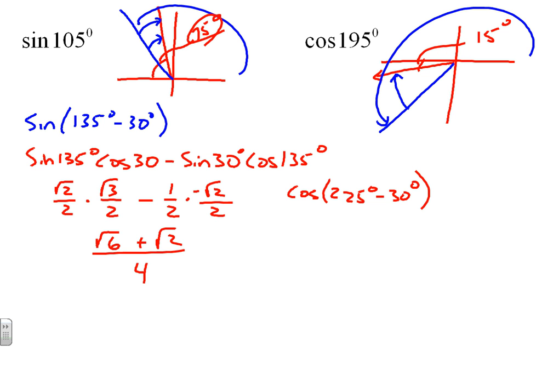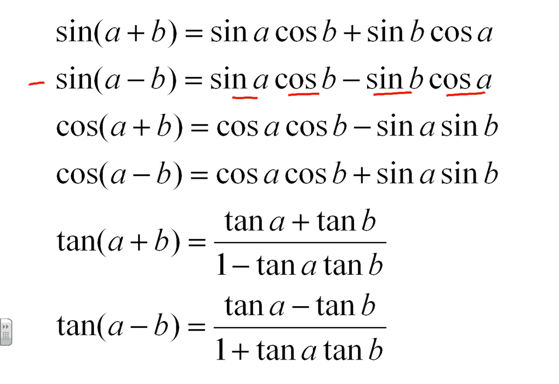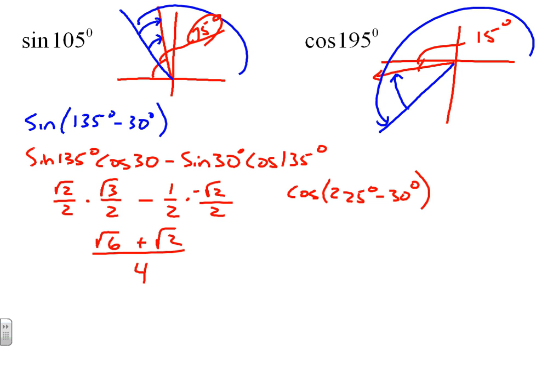Let's go back and review cosine of a difference. Cosine of a difference is cosine cosine plus sine sine of the two angles. So this becomes cosine 225 cosine 30 plus sine 225 sine 30.